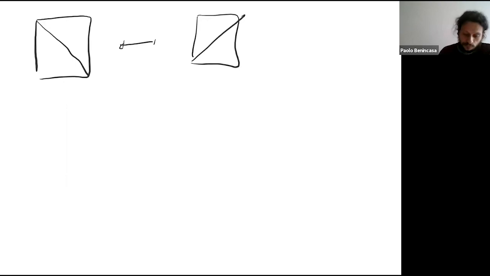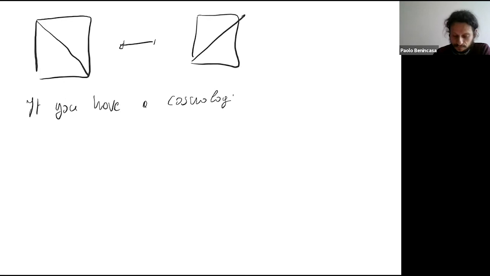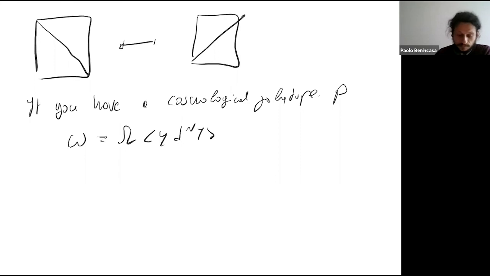Now, when you have a cosmological polytope, the canonical form gives you, in principle, directly the wave function.